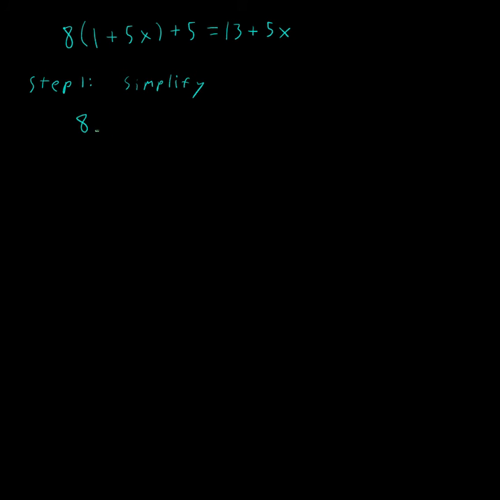You'd get 8 plus 5x times 8, so 40x plus 5 equals 13 plus 5x. Then we would group our like terms, and so we'd get 40x plus 13 equals 13 plus 5x.